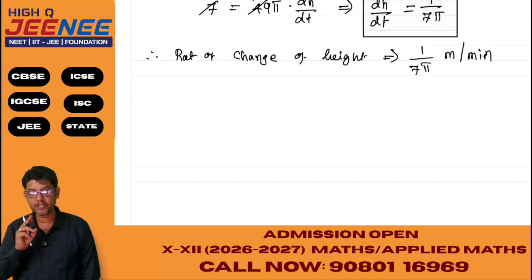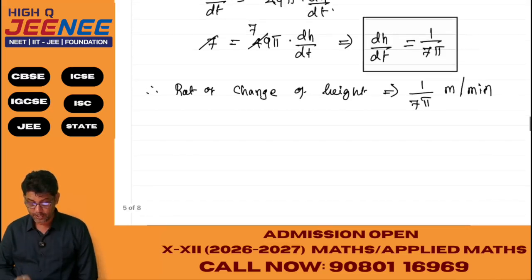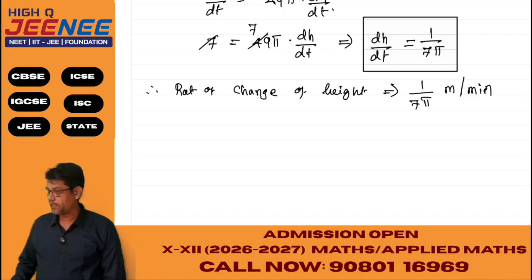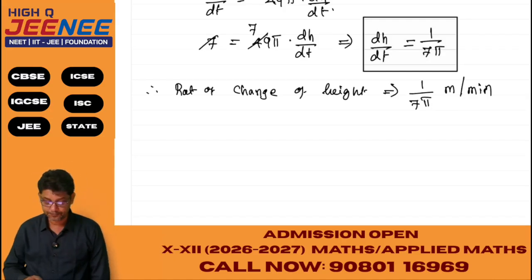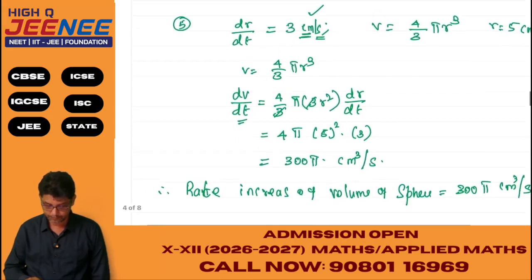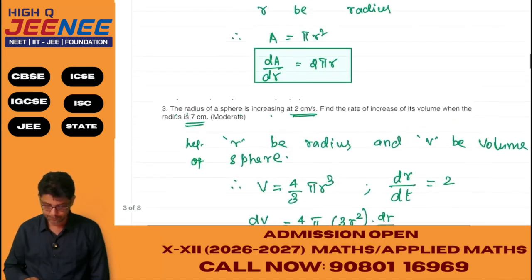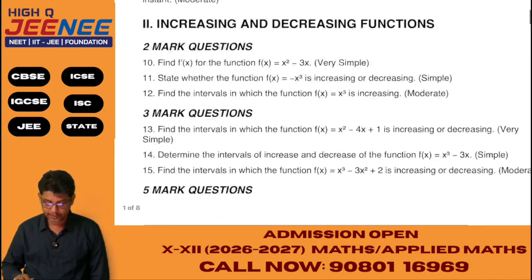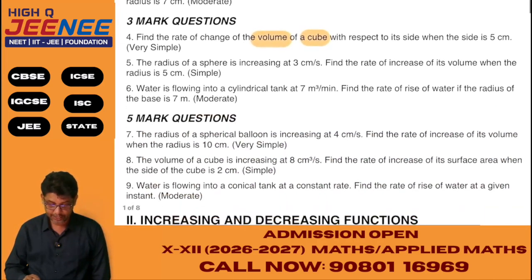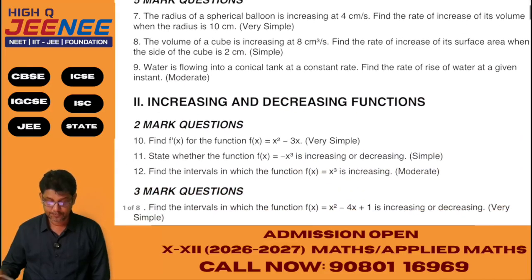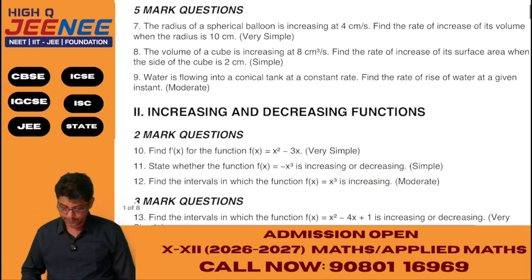The unit is very, very important. So 1 by 7 pi meter per minute. Clear, all of you? Have you all got this? See, I am assuming that you are writing with me. Next, 5 more questions.